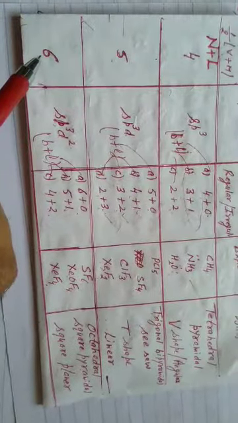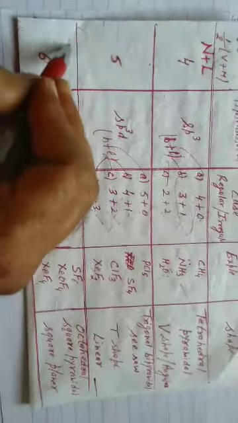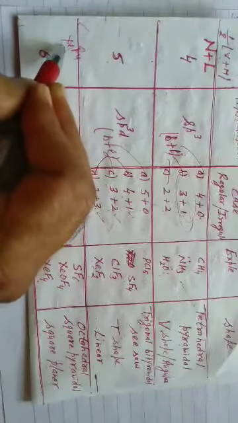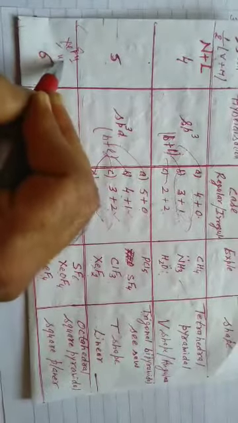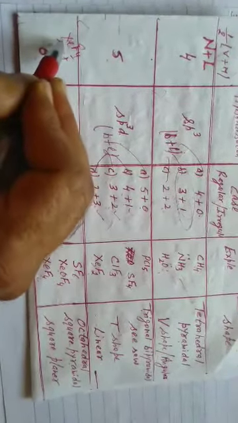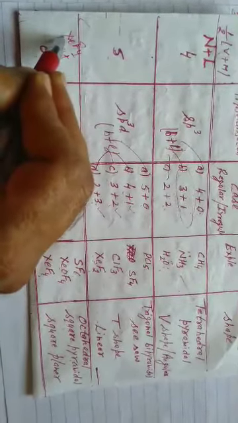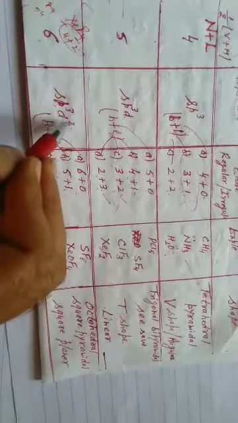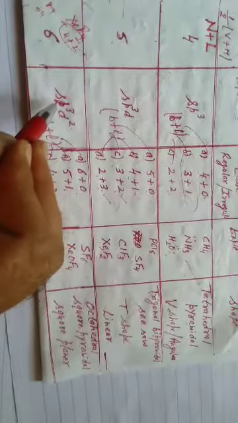And next, students, according to the N plus L rule, we got 6. Just like the example XeF4. N plus L rule, number of atoms around the central atom 4 plus lone pairs in the central atom. It is a group 18 element, it has 8 valence electrons, out of which 4 it shares, 4 are left. 4 left means 2 lone pairs. It is clear we got 6. 6 means sp3d2 hybridization.